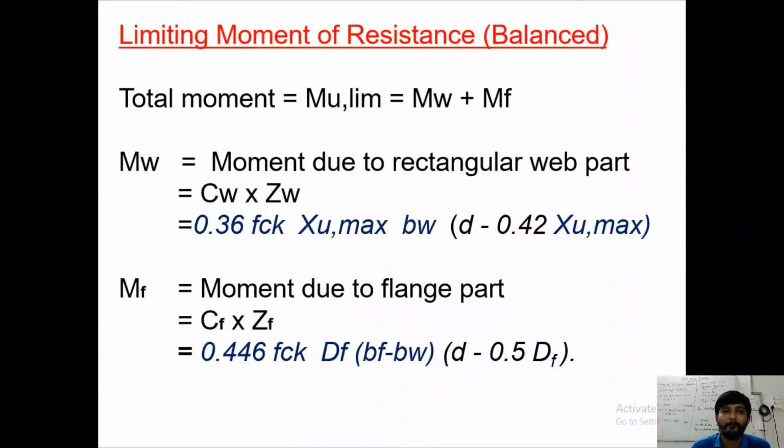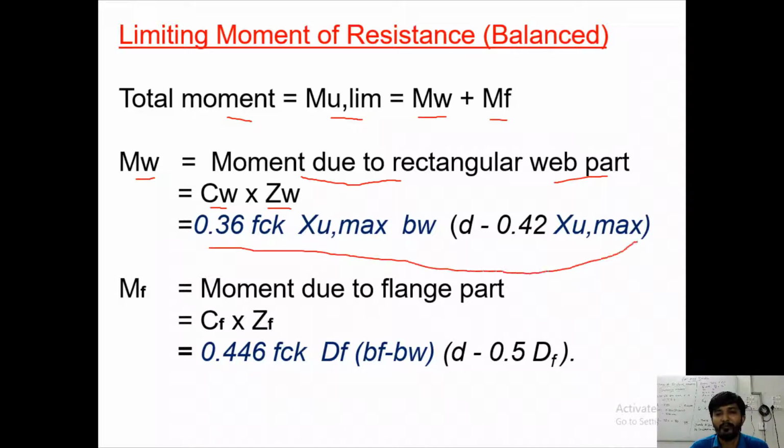Then if you want to calculate the limiting moment of resistance, for balanced section, total moment Mu limiting is equal to moment in web plus moment in flange. Moment in web is the moment due to rectangular web part, which is CW into ZW. So substitute both the values, you get this equation for moment in web. Moment in flange is equal to CF into ZF.